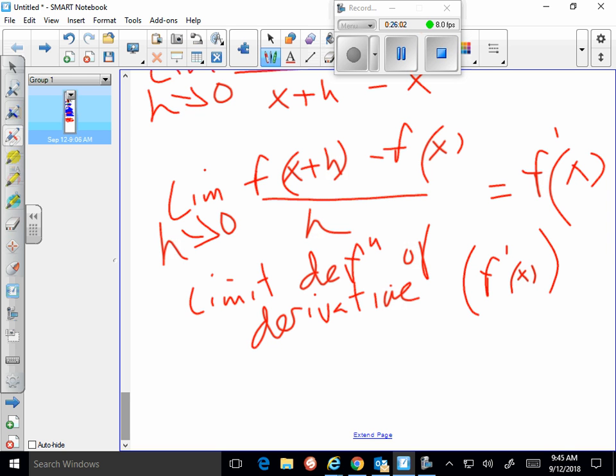So f of x equals x squared. What am I supposed to do with these two things that I found? I subtract them. If all of f of x doesn't cancel out every single time, you've made a mistake somewhere. These cancel, and I'm left with the limit as h approaches 0 of 2xh plus h squared over h.